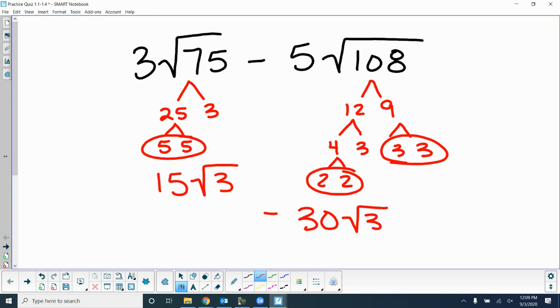You guys see it there? So now we can subtract them because they're like radicals, and get negative 15 radical 3. Okay? So that's what we do for square root.